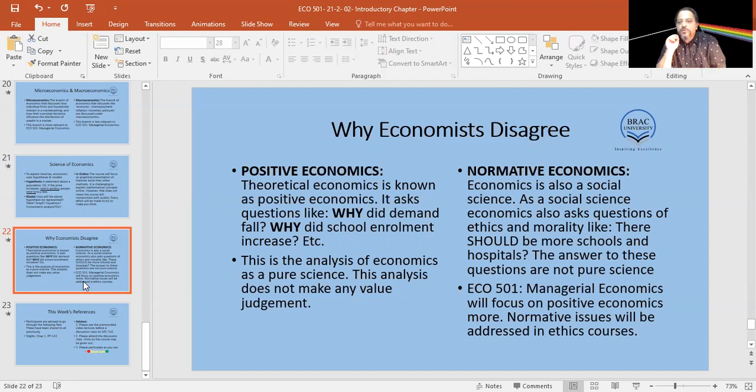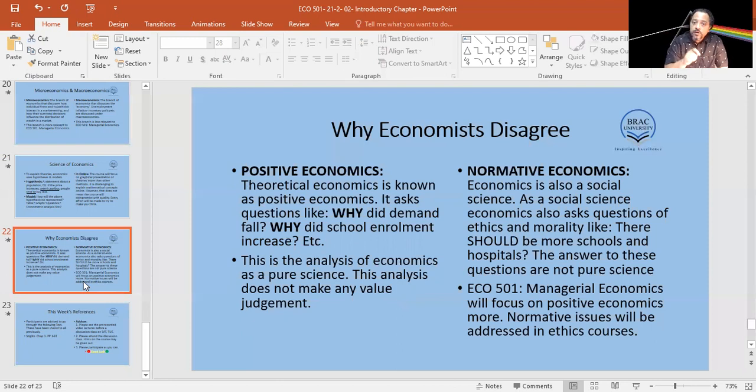The moment we use the word should or should not, we are imposing some ethical and moral dimensions on a phenomenon. We are imposing things that the society wants to see or does not want to see.